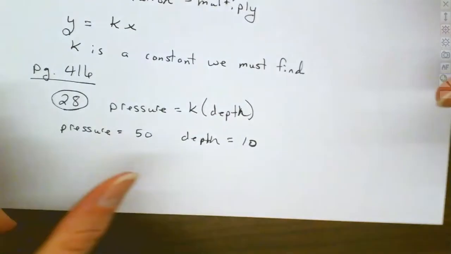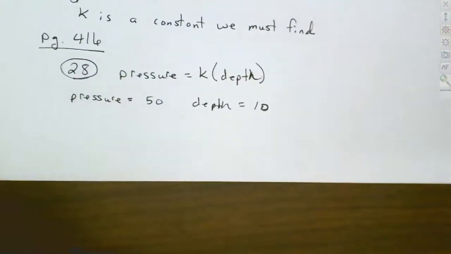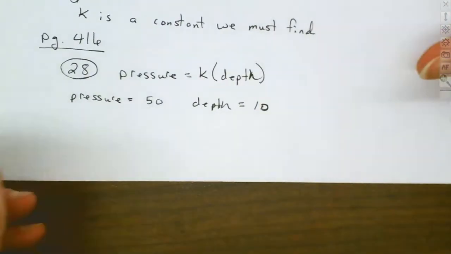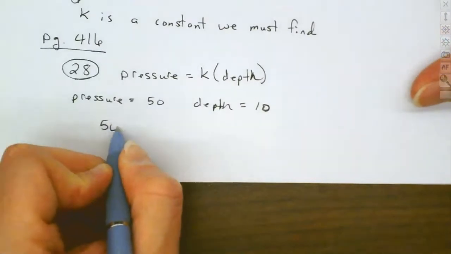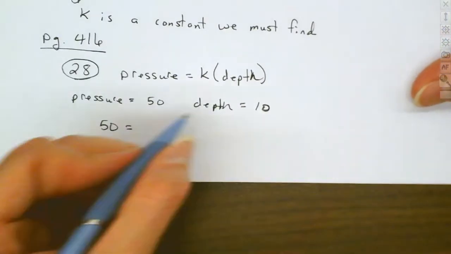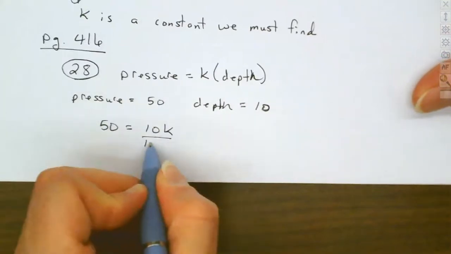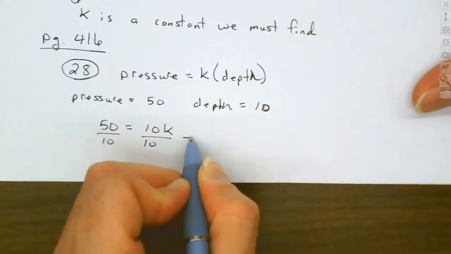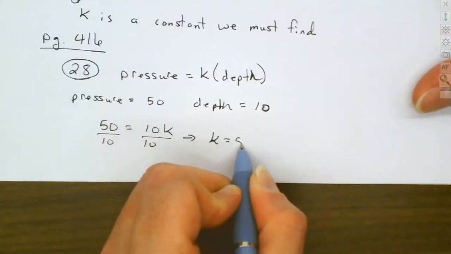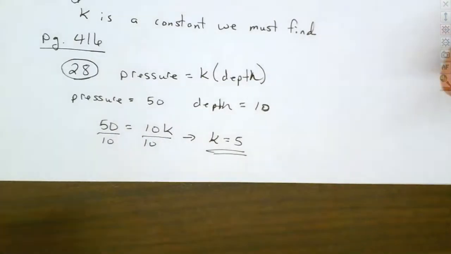So we plug our values in for the pressure, and we find our depth, and we find the K. So that means 50, that's our pressure, is going to equal the depth of 10 times the K. So divide by our 10, and that gives you now K equals 5. So what's our new formula now look like?